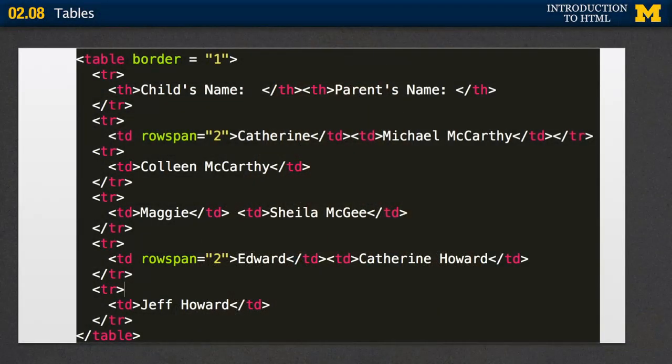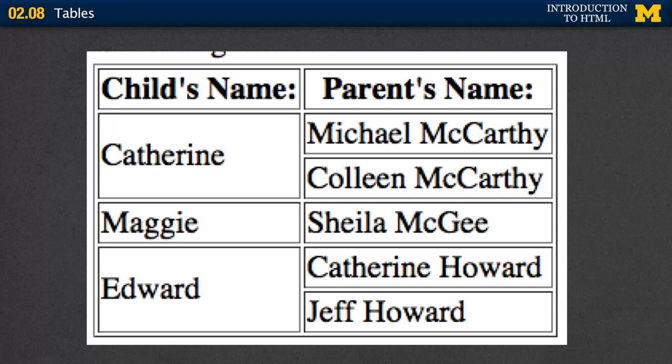Again, not a hard concept, but if you weren't thinking about it and we went back to your code and just started throwing rowspan and colspan in, it gets very messy and harder to debug. One of the things you might have noticed, at the very top of the table, I included a border attribute. The reason I did that is because I think it's much easier to see this rowspan here because I have the lines around each cell.